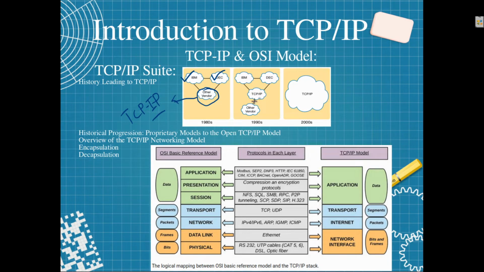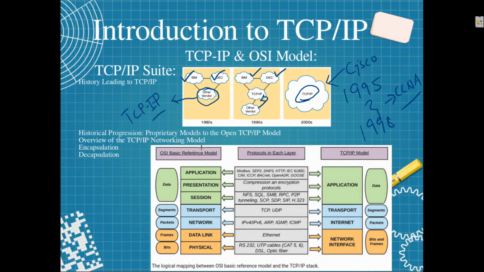Later in the 90s, all the other vendors came with TCP/IP, but IBM and DEC had different architectures, and later, in 2000, they came with the solution. Cisco announced, I think in 1998, for the first time, the CCNA course. So Cisco came with that, and by 2000 there was only TCP/IP.